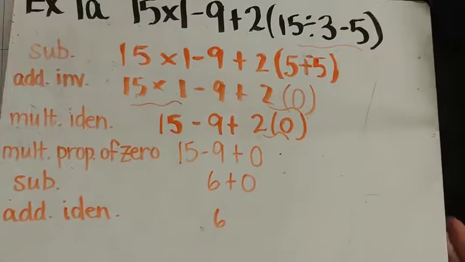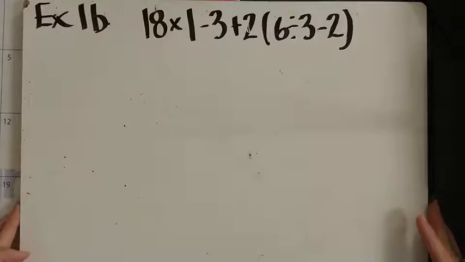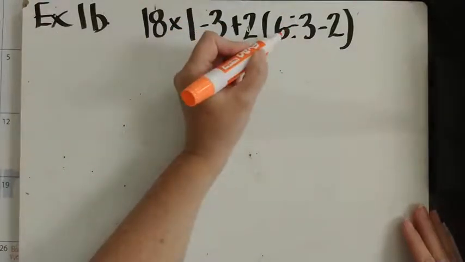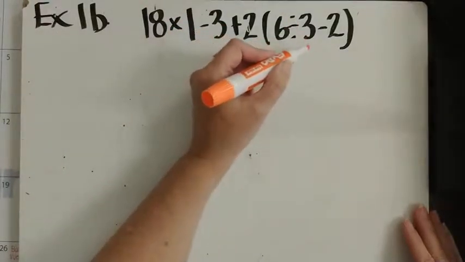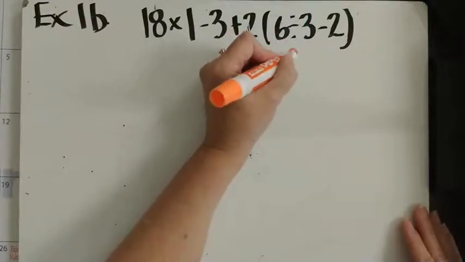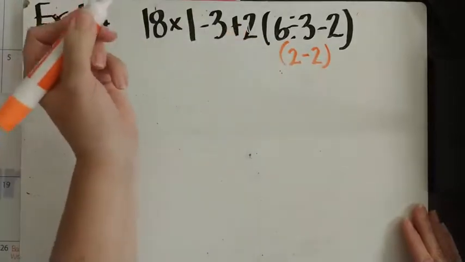Now let's look at example 1b. Again, we have a lot going on here, but we're going to follow the order of operations. So let's start with our parentheses. 6 divided by 3 is 2. So now inside of our parentheses, we have 2 minus 2.